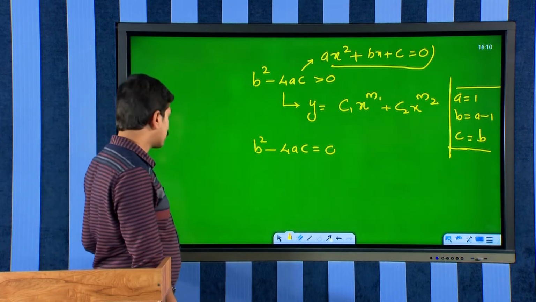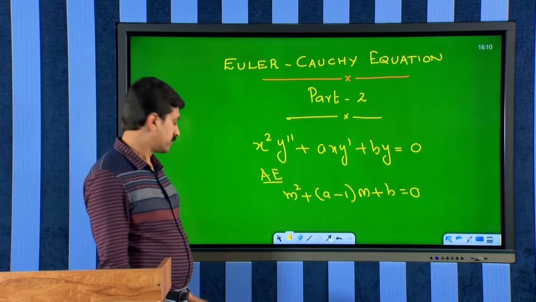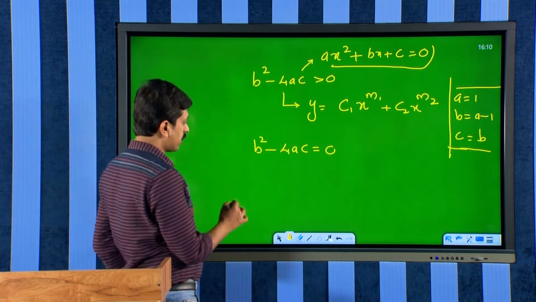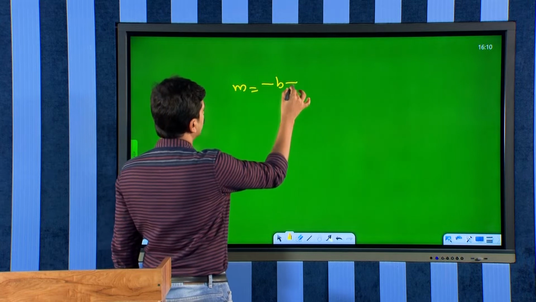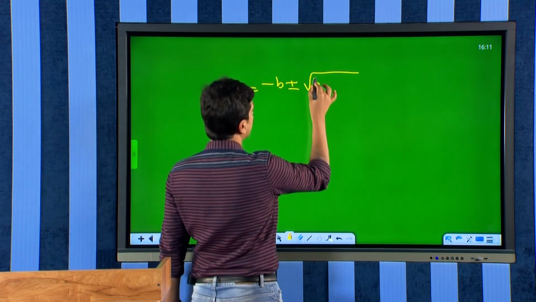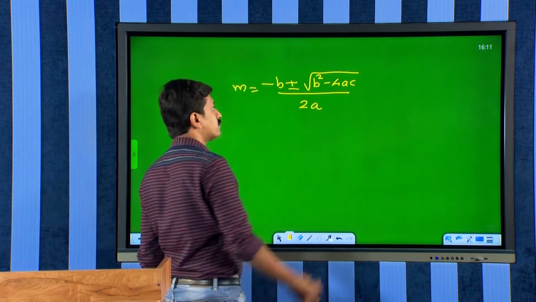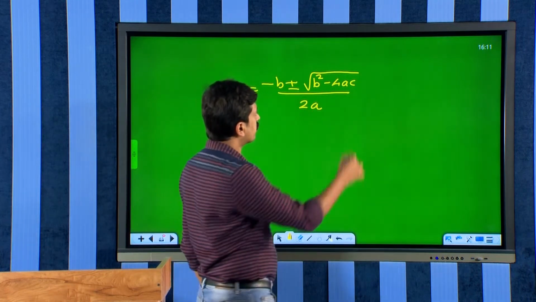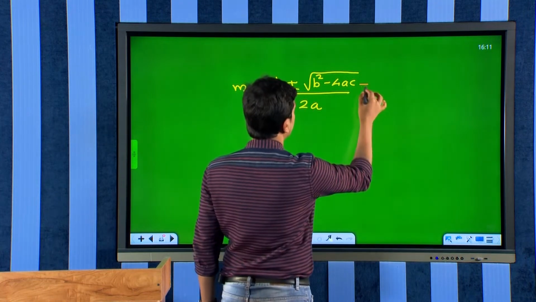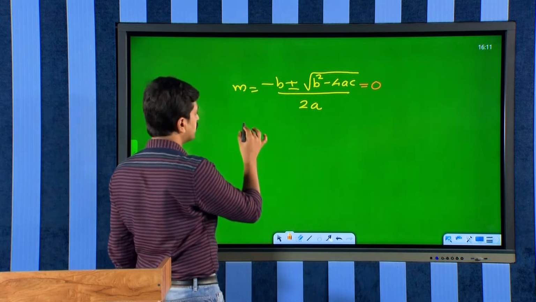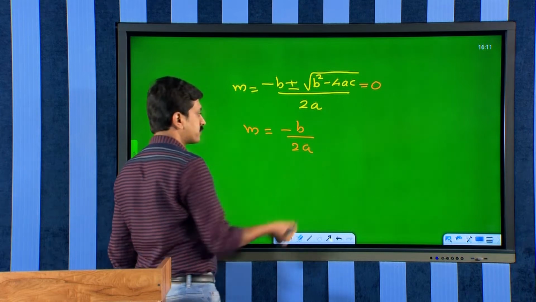We have m square plus (a minus 1) m plus b equal to 0. So m is equal to minus b plus or minus root of b square minus 4ac divided by 2a. Here b square minus 4ac is equal to 0, so m is equal to minus b divided by 2a.